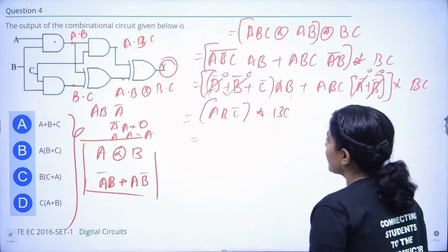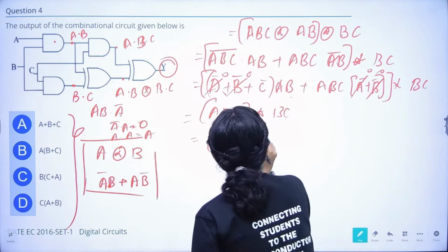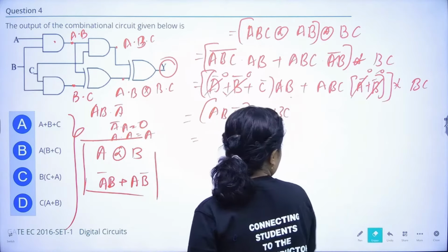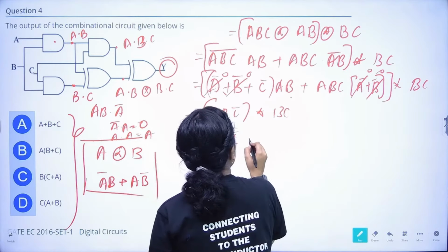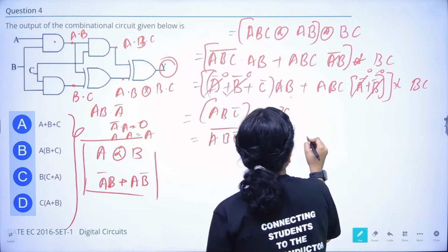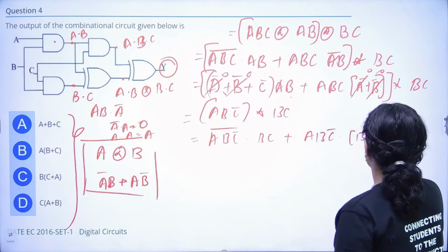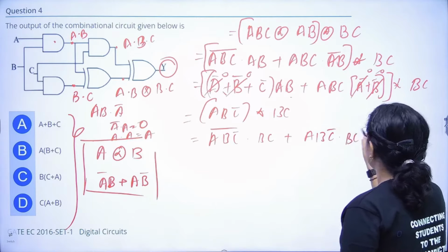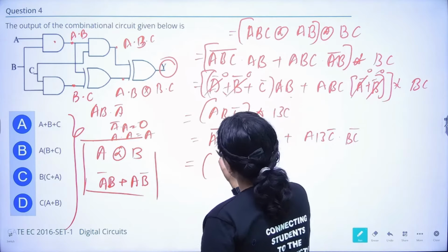We'll again open the XOR: AB C bar dot complement of BC plus complement of AB C bar dot BC. Again, we open it because this is a whole bar.